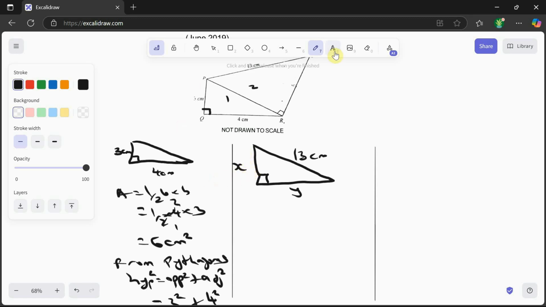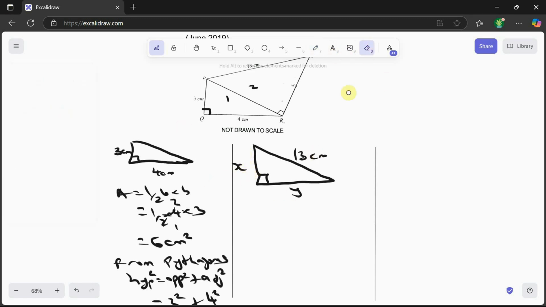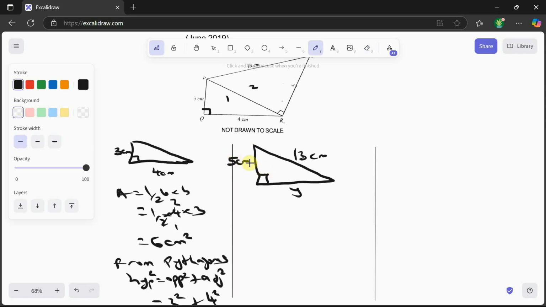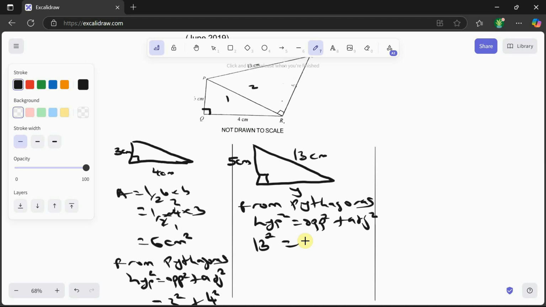So I don't need to put X again. I can just put my 5 centimeter. So I can find my Y also. From Pythagoras, the hypotenuse squared is equal to the opposite squared plus the adjacent squared. We know this to be 13, so that will be 13 squared. The opposite is 5, so 5 squared.